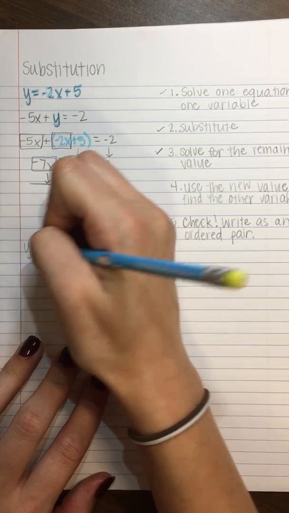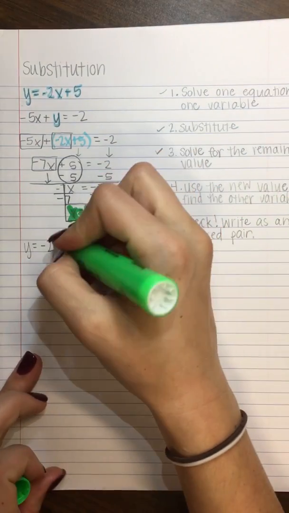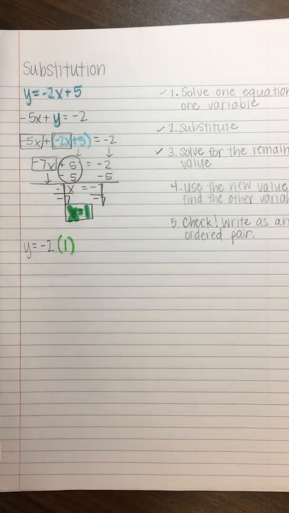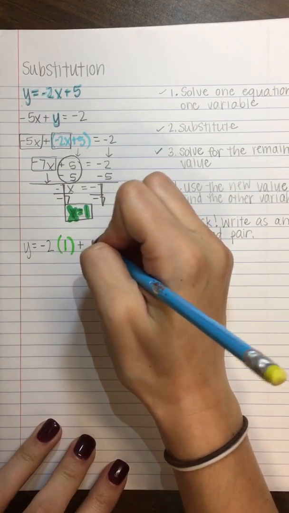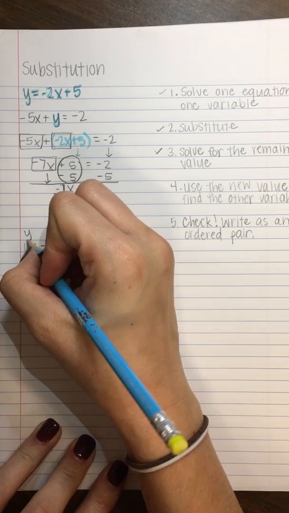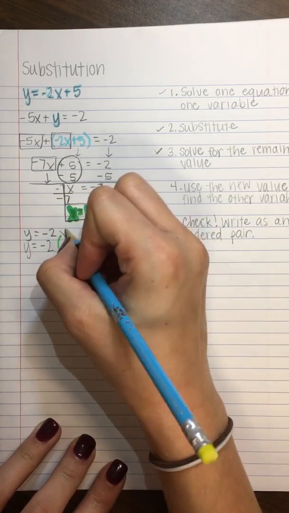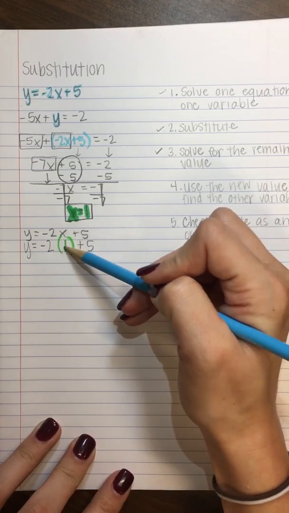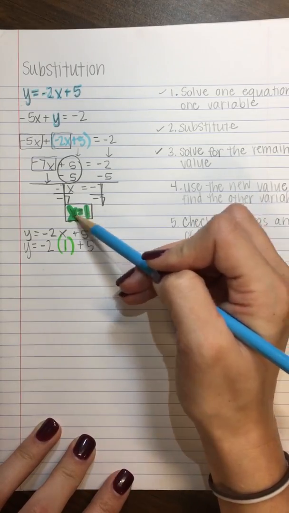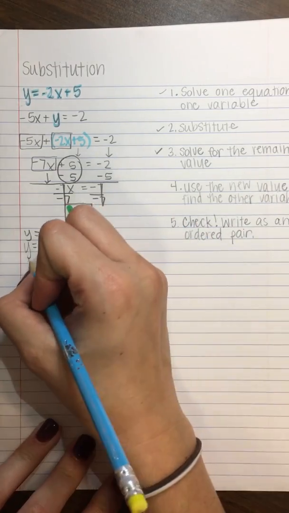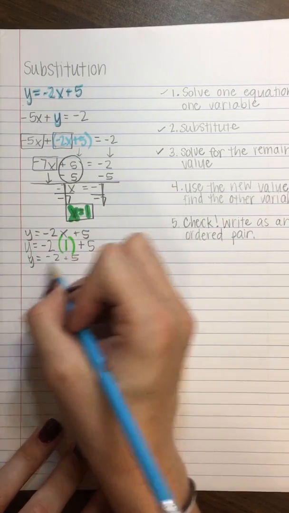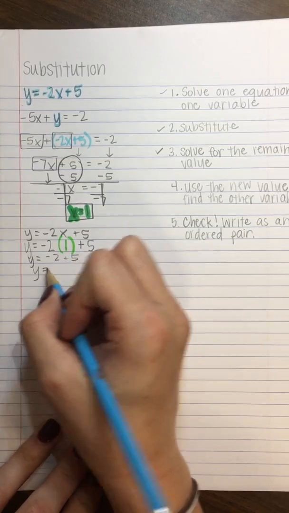So I'm going to plug that x in, and I'll replace it with my 1. And then I just write everything else the same. And that came from the equation y is equal to negative 2x plus 5, where I just substituted my 1 in for x because x is equal to 1. And then I solve. So negative 2 times 1 is negative 2. Negative 2 plus 5 is equal to 3.